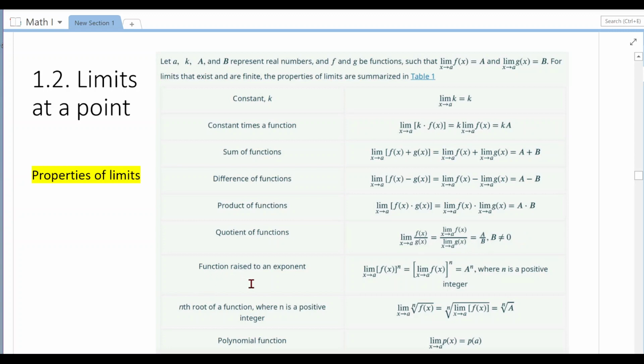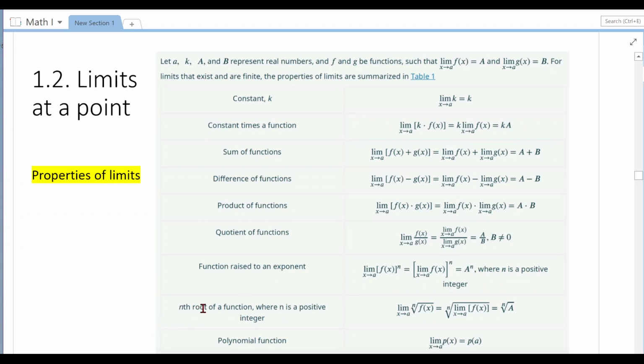How about a function raised to an exponent? The limit of a function raised to an exponent is equal to the limit of that function raised to the power of n. So whatever the value of the limit, a for example, raised to the power of n, where n is a positive integer.